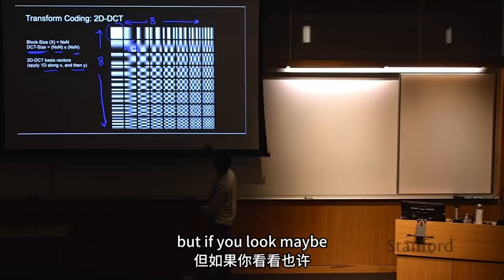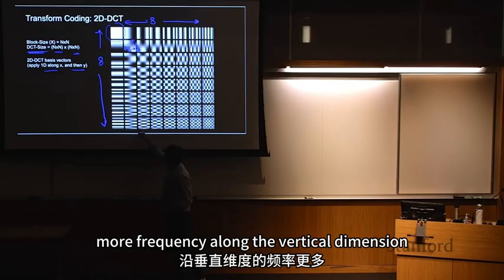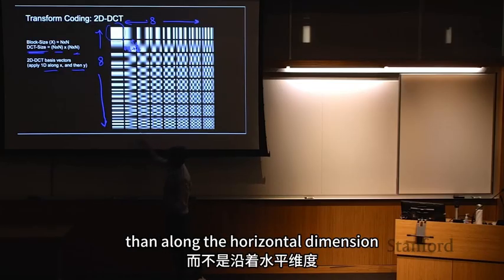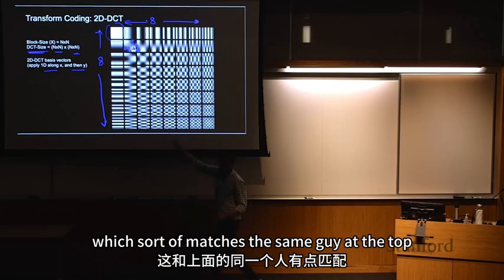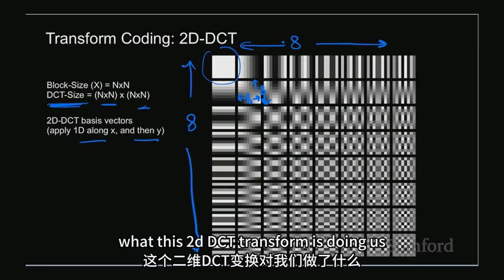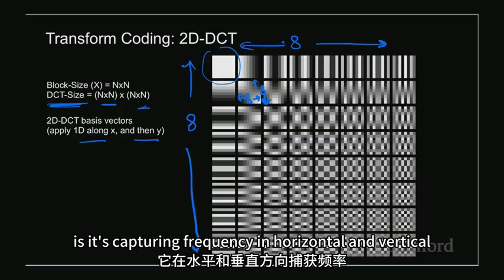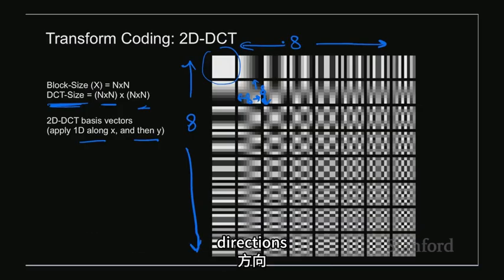But if you look at this one here, it has more frequency along the vertical dimension than along the horizontal dimension, which matches the same one at the top. And so essentially what this 2D DCT transform is doing, as we would intuitively think, is capturing frequency in horizontal and vertical directions. Right?